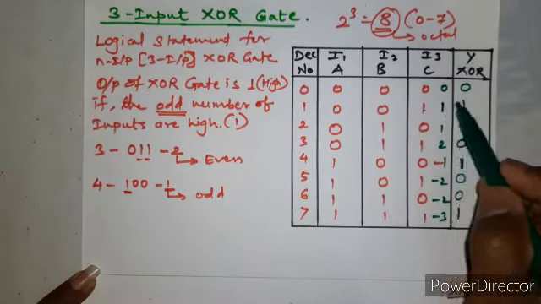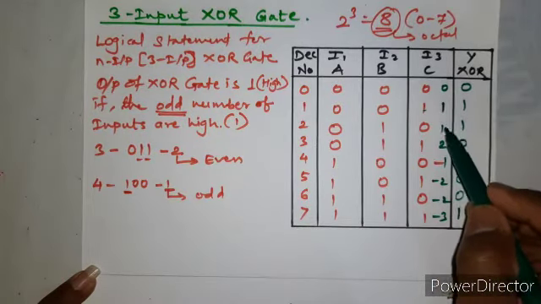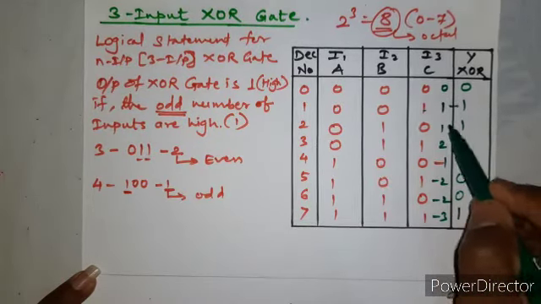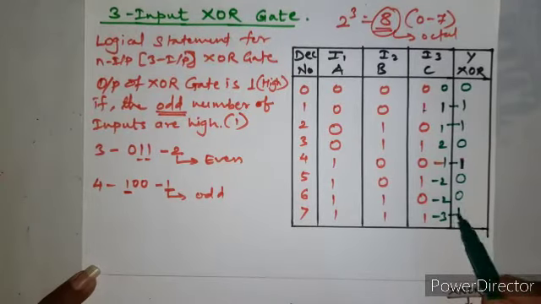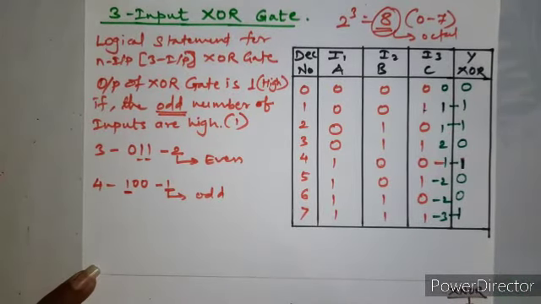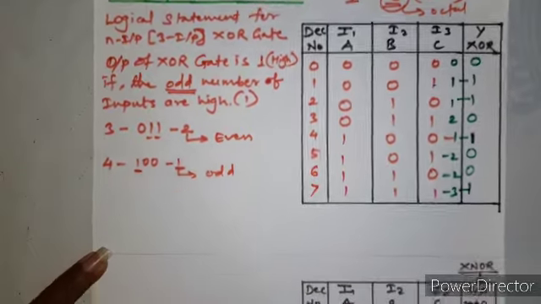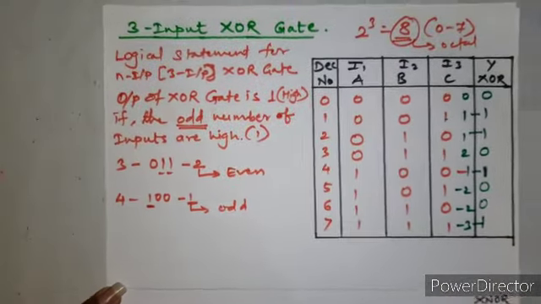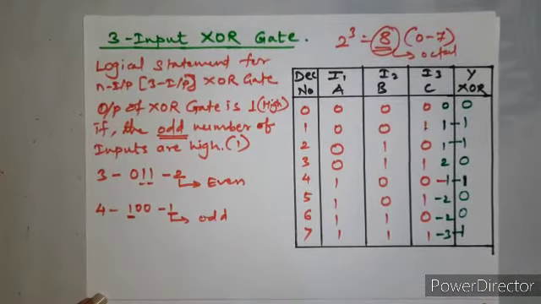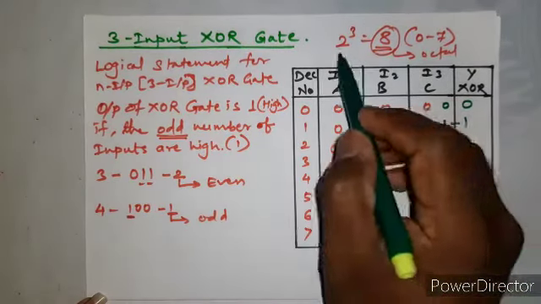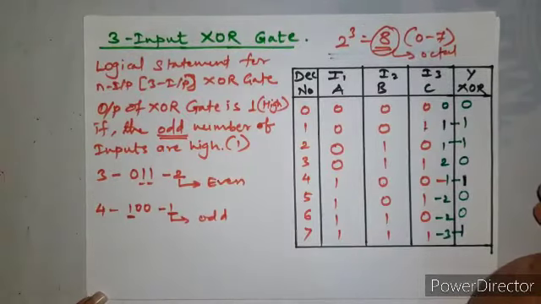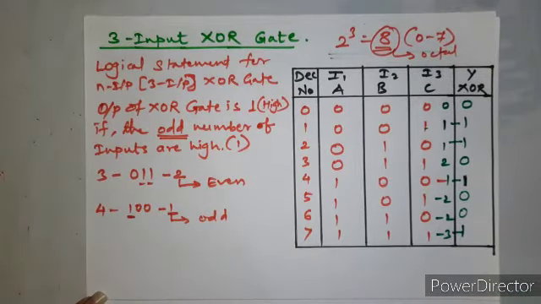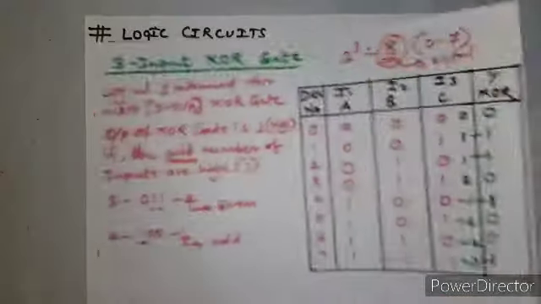And if the number of high inputs is odd, then only the output is 1, otherwise the output is 0. So based on this logic, this is the 3 input XOR gate. I hope this is clear.